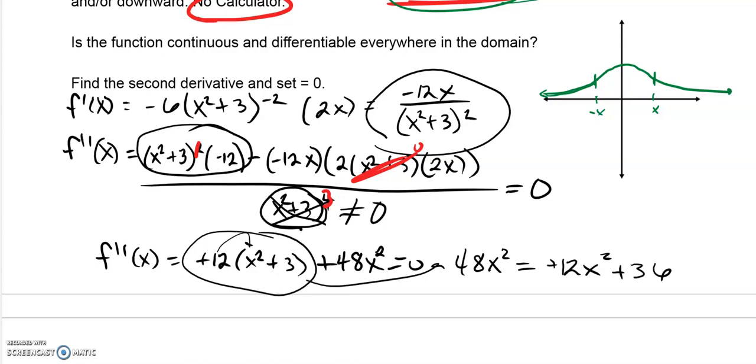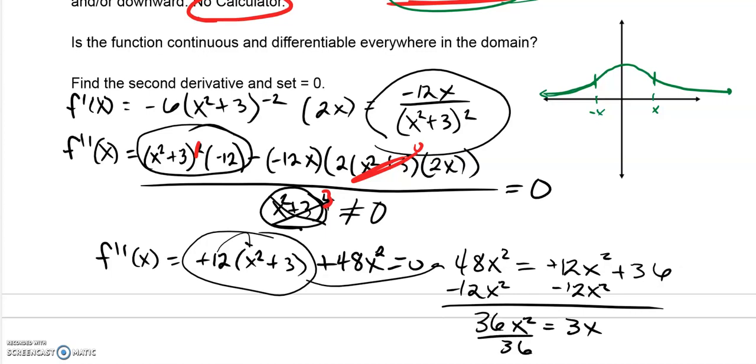So that would be positive 12x squared and positive 36. So I'm going to subtract the 12x squared. So you get 36x squared is equal to 36. Divide out that 36. So you end up with x squared is equal to 1. So x is equal to positive or negative 1.